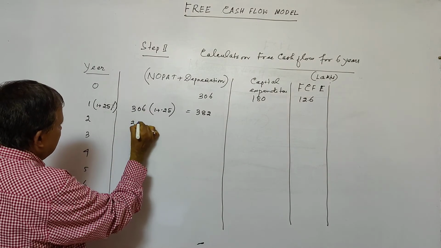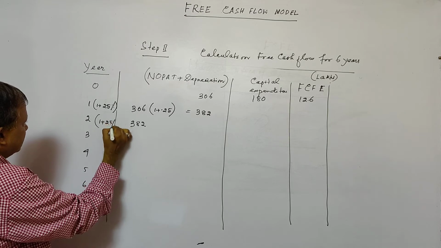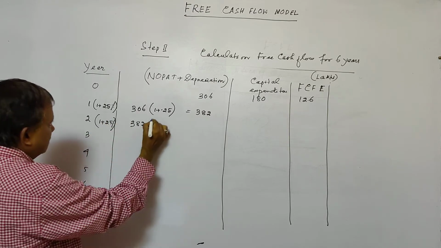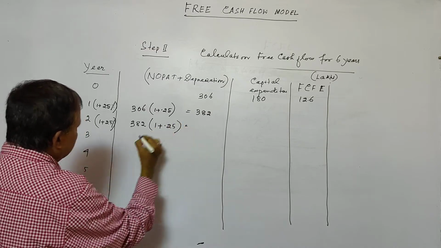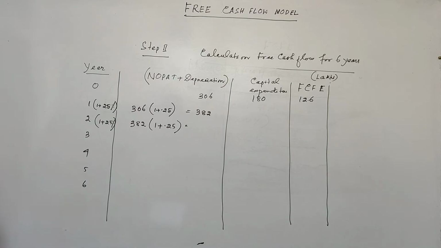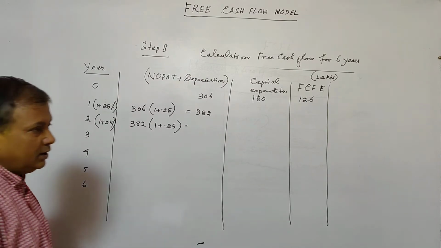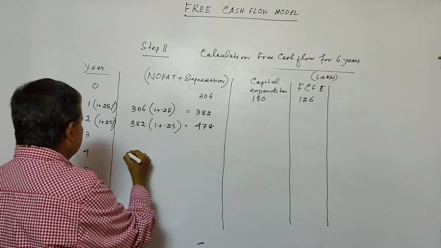Again 382, here also there is a 25% growth. So 1 plus 0.25, here also this will again be 478.